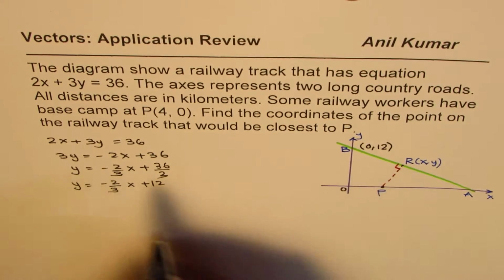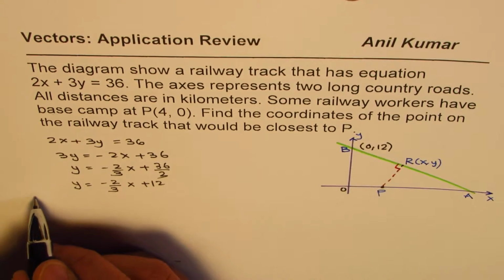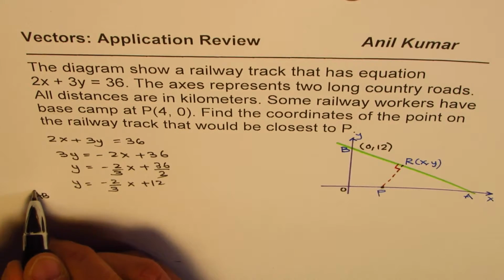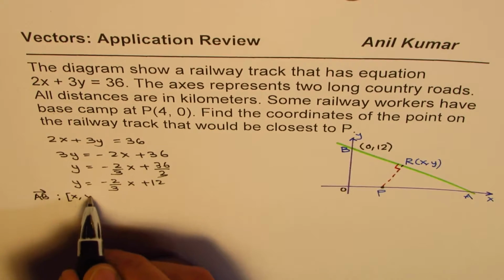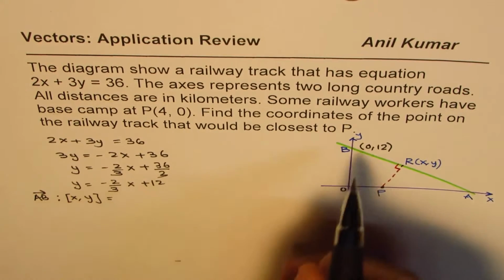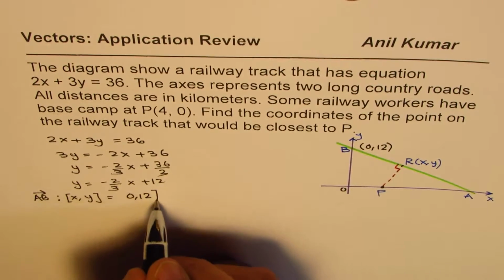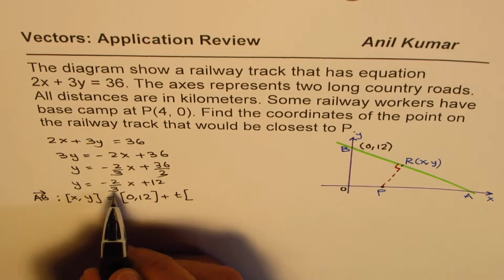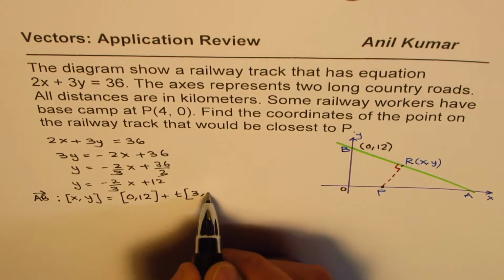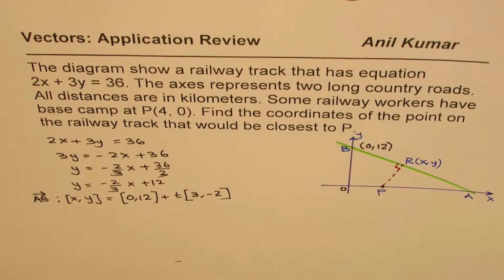Based on this, we can write the vector equation of the line AB, which should be: the coordinates (x, y) are given by one of the points on the line, which is (0, 12), plus t times the direction vector (3, minus 2). That is the vector equation of this line.